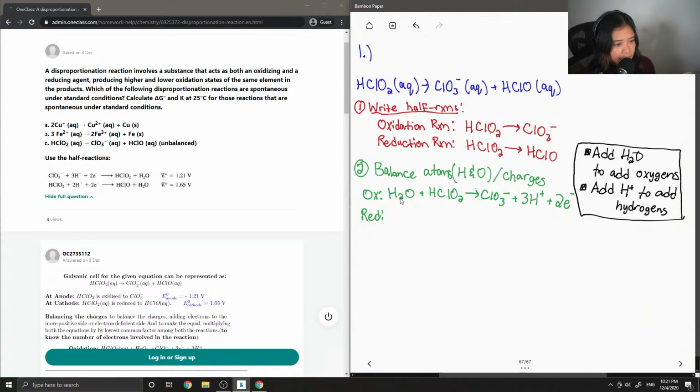Okay, so let's do something similar to our reduction reaction. We start off with the chlorous acid, and you'll notice that there's 1 extra oxygen on our reactant side. So I'm going to add water to my product side.